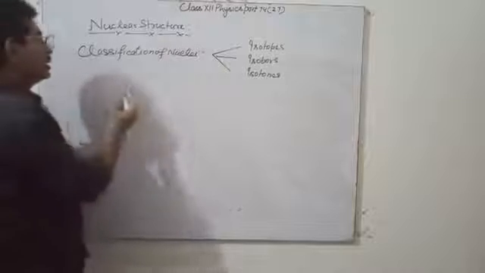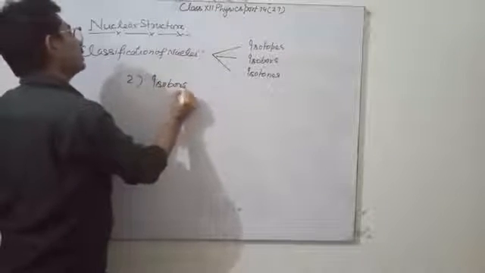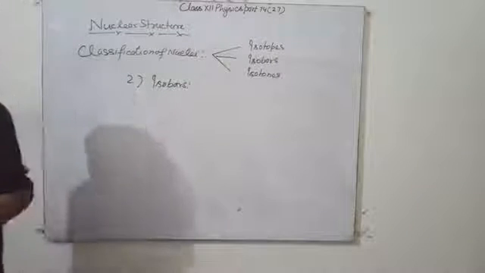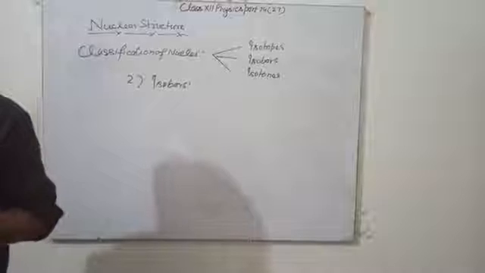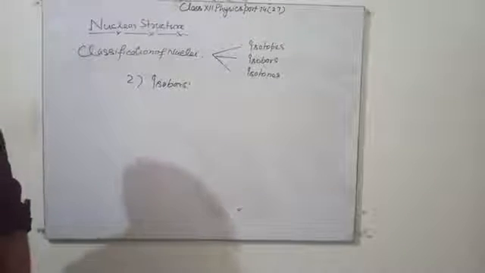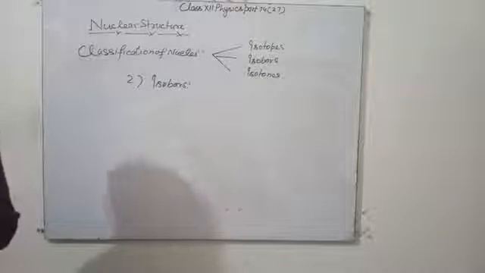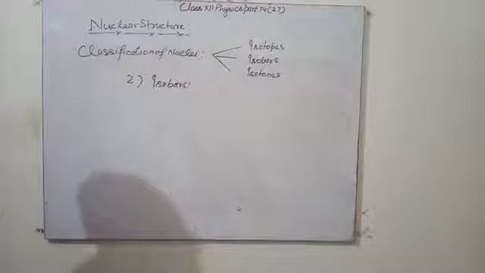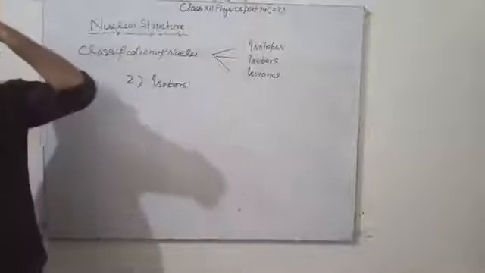Second, isobars. The nuclei which have the same number of nucleons, meaning the same mass number, but a different number of protons and a different number of neutrons are called isobars.